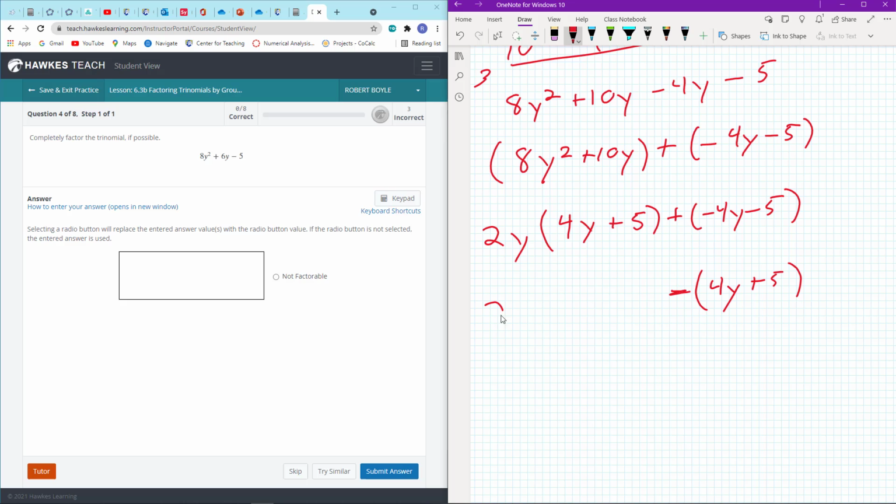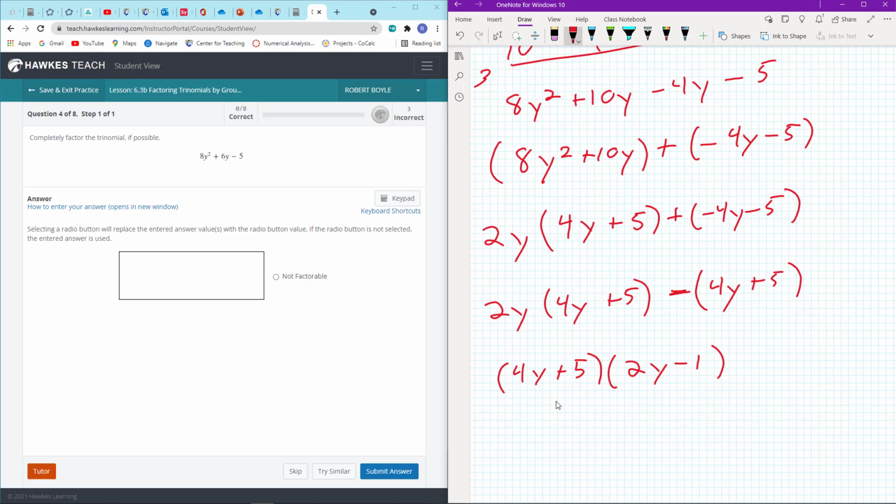Then I can bring my 2y down here, my 4y plus 5 down here, and I am good to go. Here I have a common binomial term, with an implied coefficient of 1. So I can factor out the 4y plus 5, and now we'll have 4y plus 5 times 2y minus 1.